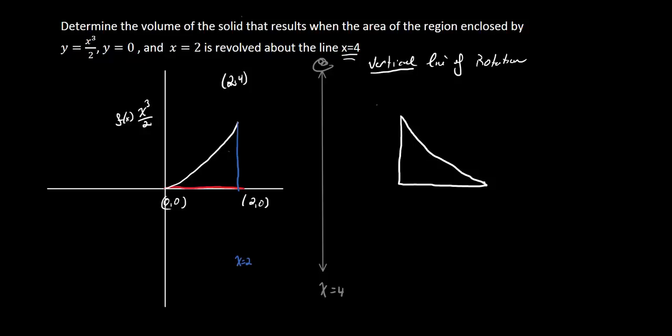If you have a vertical line of rotation with the shell method, you're going to integrate with respect to x. I tend to gravitate my methods depending upon how I can integrate with respect to x, especially if my functions are defined in terms of x, because otherwise I'd have to resolve this, and this would give me x equals the third root of 2y.